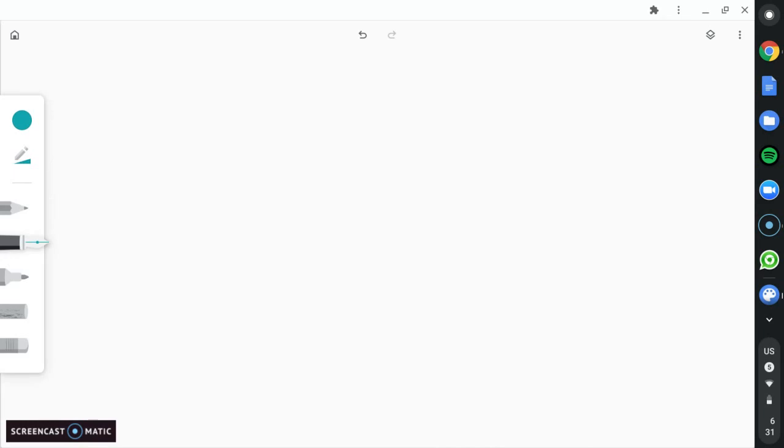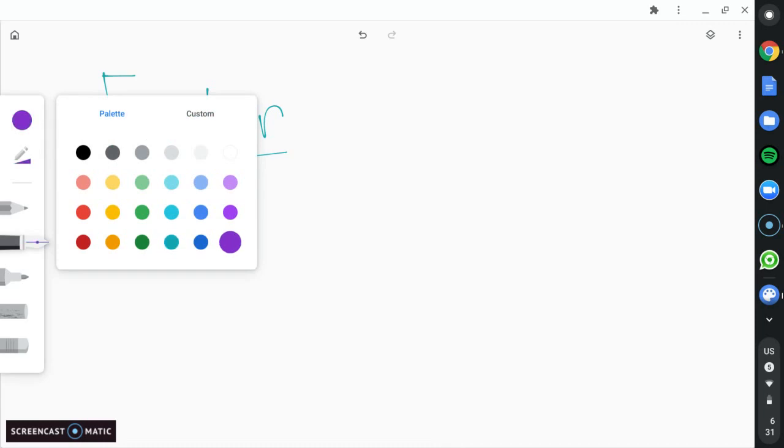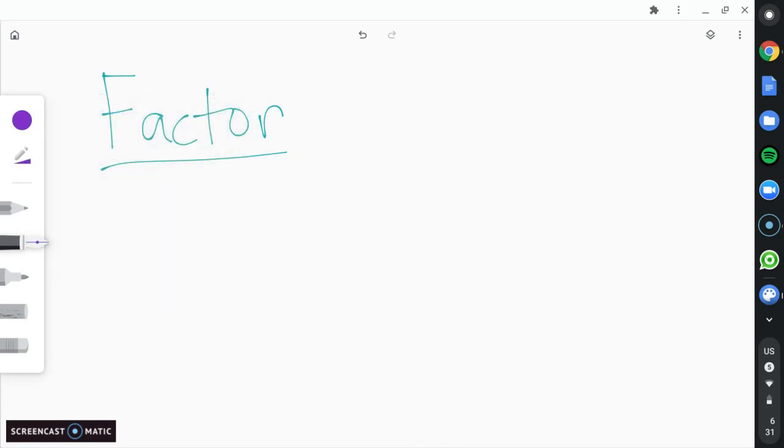The first thing we're going to talk about is, what is a factor? Do you remember what a factor is? Try to think of a definition of a factor right now. Think it. Say it. Cool. So, factors are numbers that you multiply, okay?